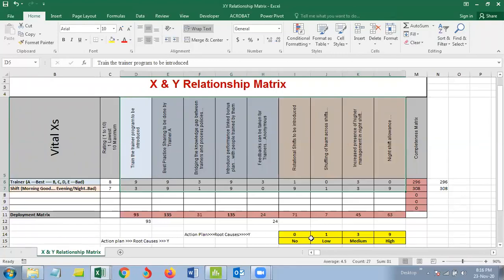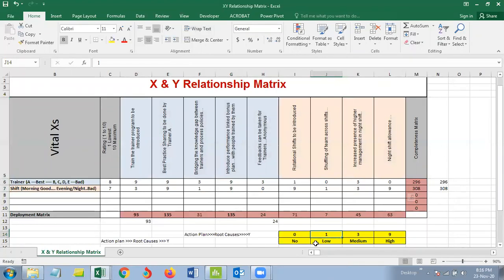Now, good practice is to get the rating done on a scale of 0, 1, 3, and 9. If there is no impact of the action plan on the root cause, you give it a 0. If there's a low impact, 1; a medium impact, 3; and a high impact gets a 9. So we discussed the train the trainer program. If we introduce this, it will significantly improve the trainers. Yes, it'll help us bridge the gap.